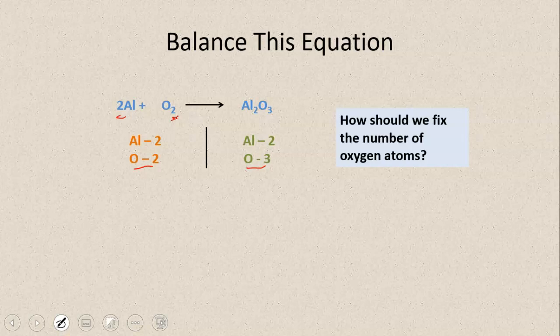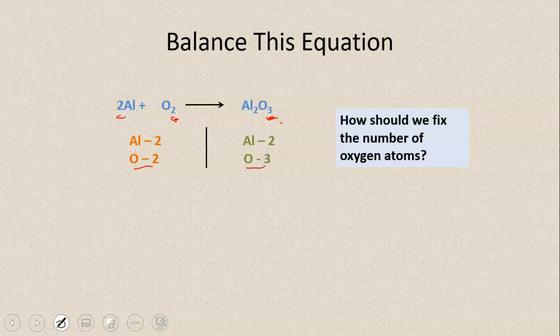No, it doesn't. The best thing to do when you're working with odd numbers is to try to figure out the least common multiple between the 2 numbers you're working with. You're working with a 3, you're working with a 2. What is the least common multiple between them?